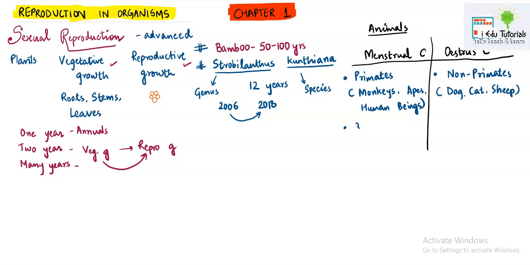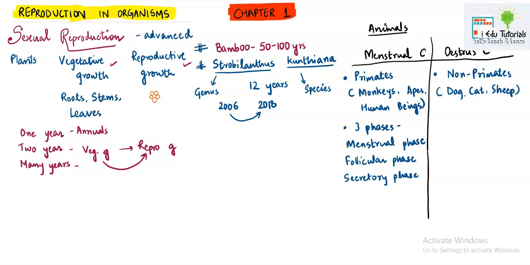The menstrual cycle is divided into 3 phases, and you need to learn them in sequential order: the menstrual phase, then the follicular phase, and the last phase, which is known as the secretory phase. In grade 12 biology, this is a very important topic for the board examination. We will study details of each phase in chapter number 3.